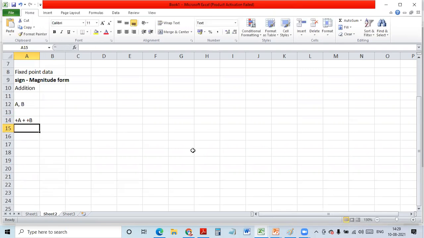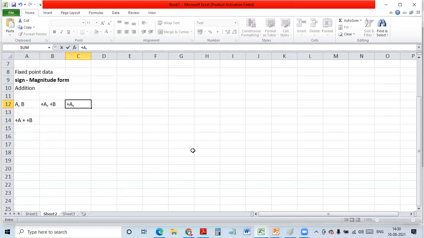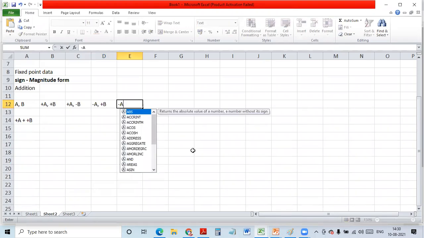I may come across four different ways. My A can be plus A and B can be plus B, or A can be plus A and B can be minus B, or my A can be minus A and B can be plus B, or else both are negative numbers.